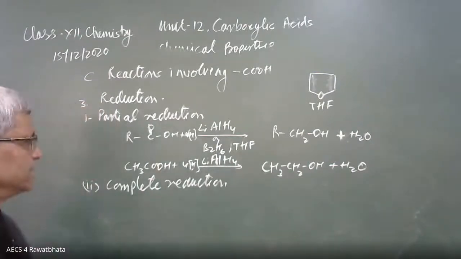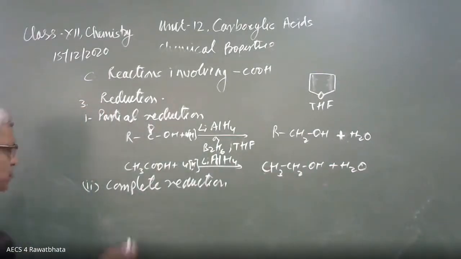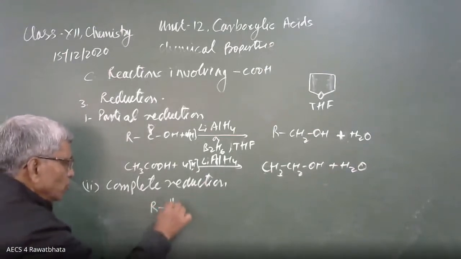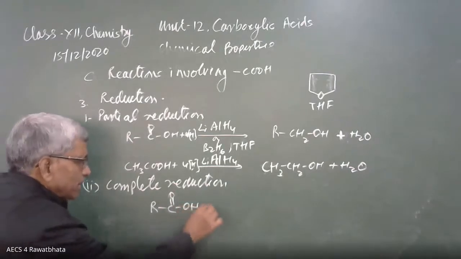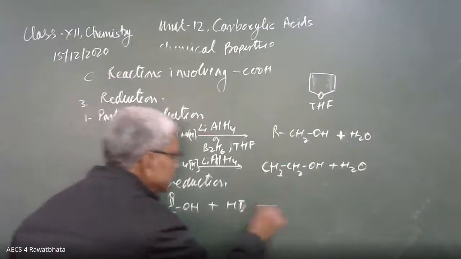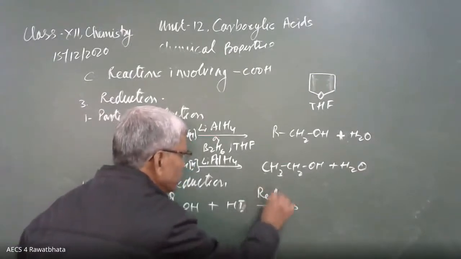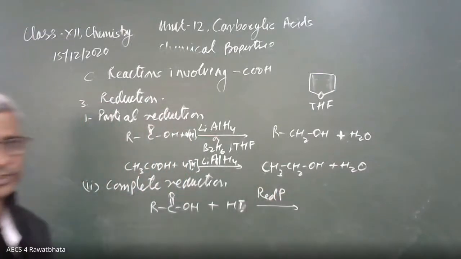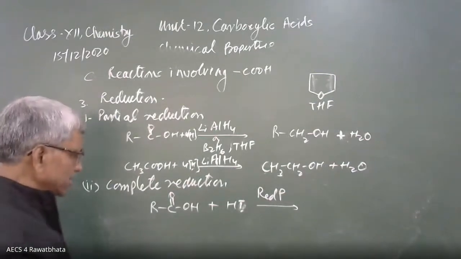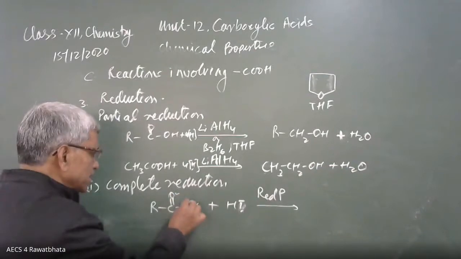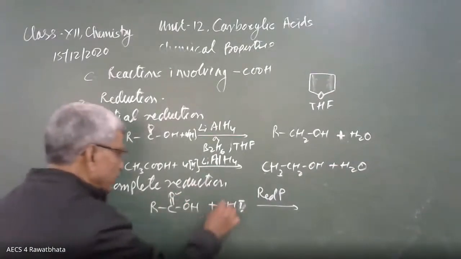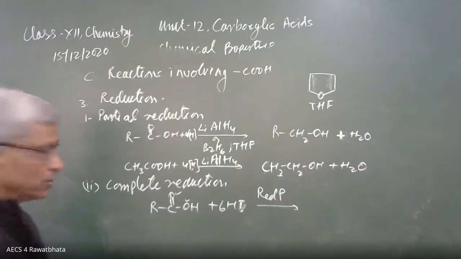We have used the same reducing agent, HI. RCOOH combines with HI in presence of red phosphorus, which removes the iodine. What is the reaction going on? This oxygen and this oxygen along with hydrogen come out. A sufficient number of hydrogen join the compound.